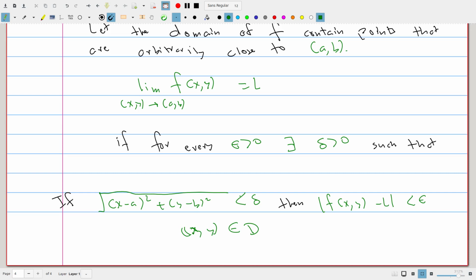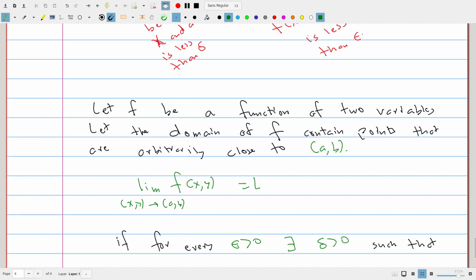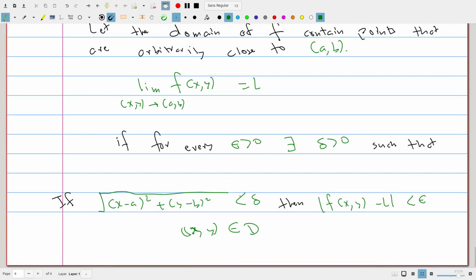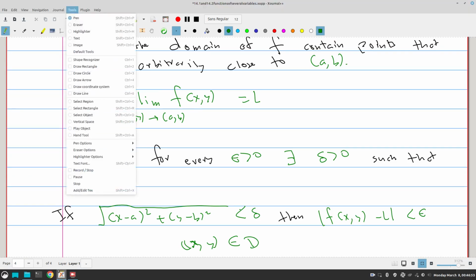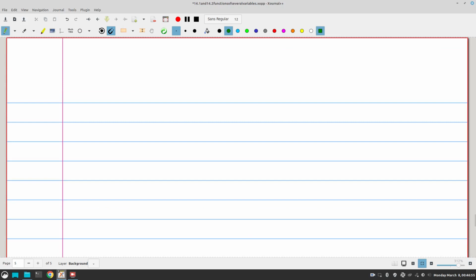Okay, so now that we've defined the notion of a limit when it comes to multivariable functions, let's look at this diagrammatically. Let's look at multivariable limits diagrammatically.